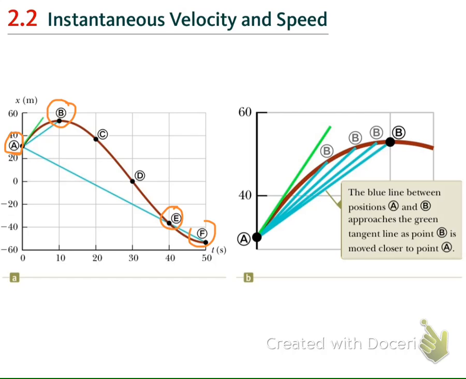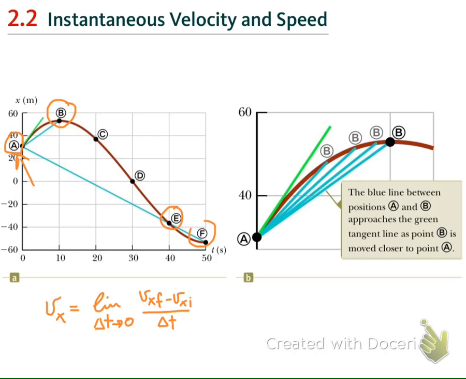Now, if we want to represent the instantaneous velocity at point A, we can follow the definition of the instantaneous velocity, that is Vx is equal to the limit of delta t approaching 0 of Vxf minus Vxi over delta t.